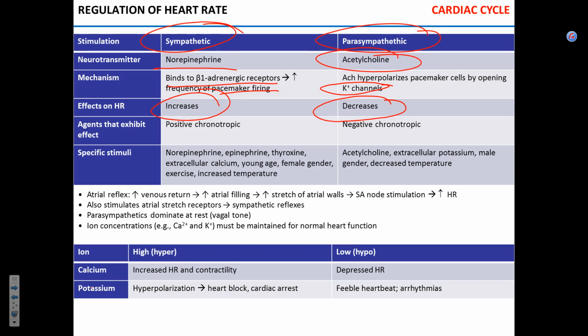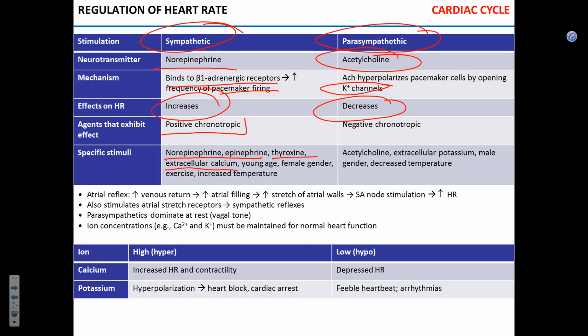Agents that increase heart rate are called positive chronotropic. I want you to know three of them. Epinephrine, norepinephrine, let's put them in the same category, shall we? Thyroid hormone, or thyroxine, and extracellular calcium.